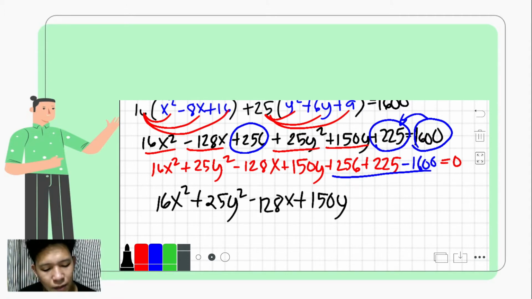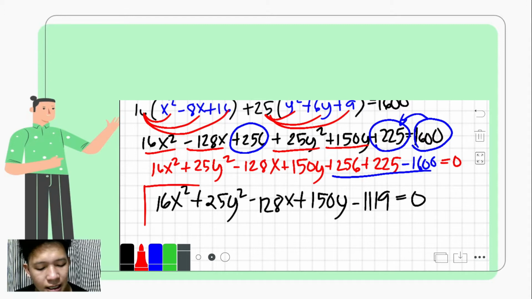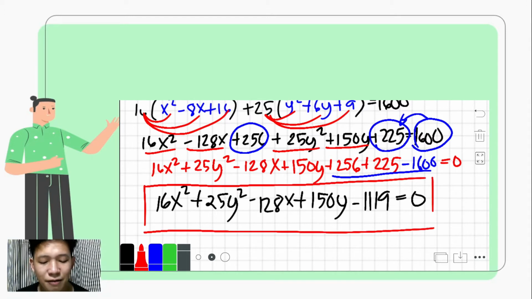And then, if we simplify this using our calculator, that is 256 plus 225 minus 1,600. That would give us negative 1,119 equals 0. Hence, this would be the general form of the equation of the ellipse.